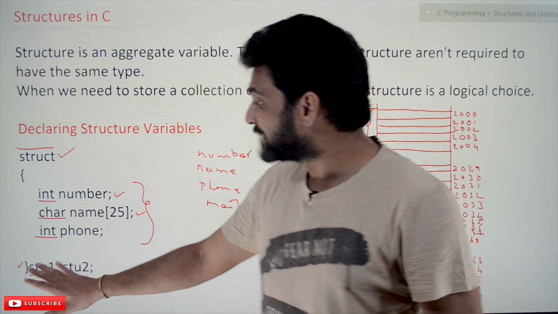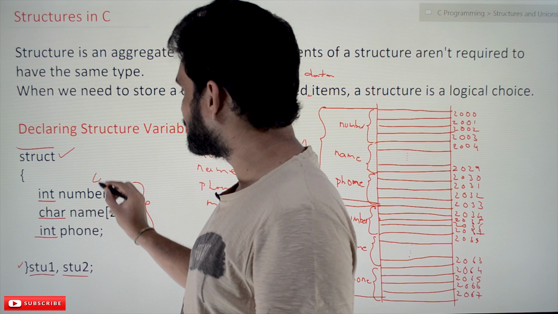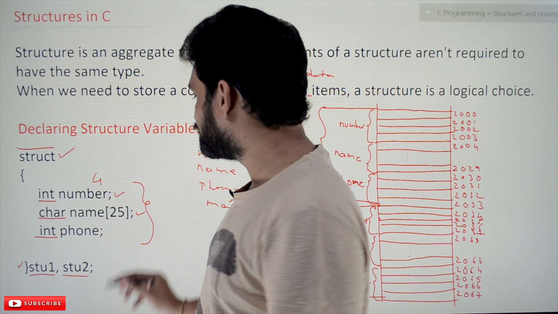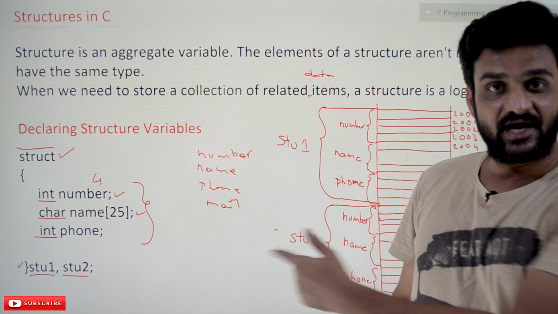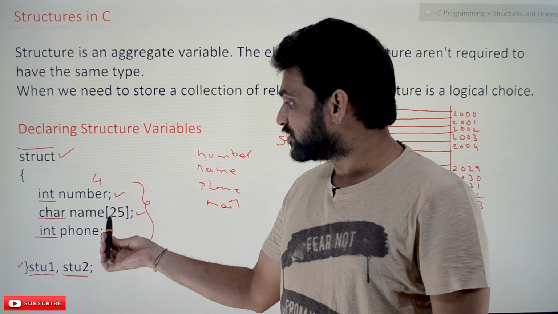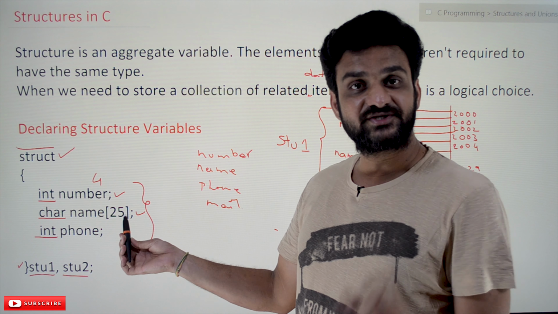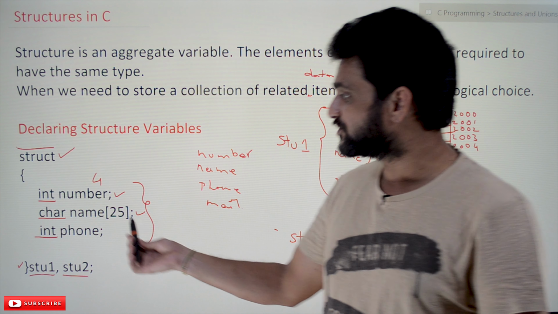What happens in memory is, for example, assume that the integer member is going to take 4 bytes of memory, and this char name of 25 characters is a string variable that is going to occupy 25 bytes. Each character takes 1 byte, so 25 bytes.